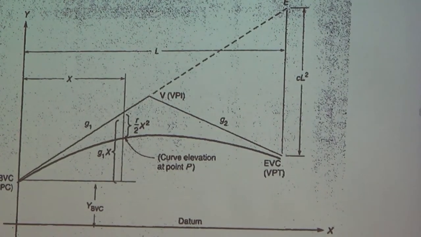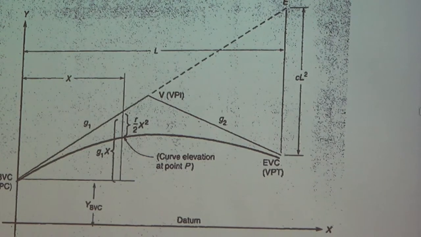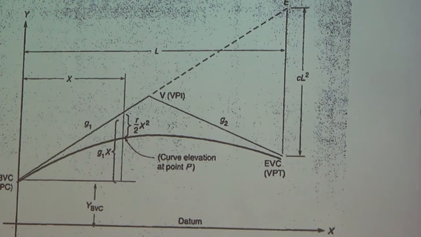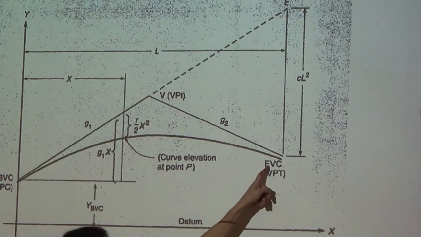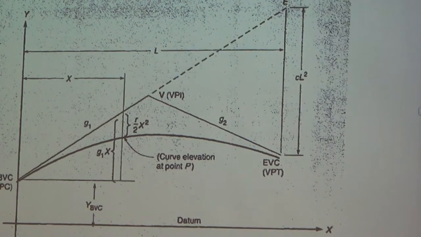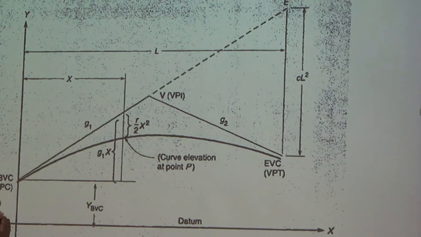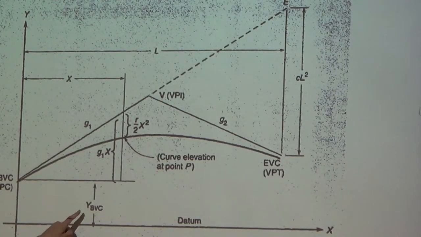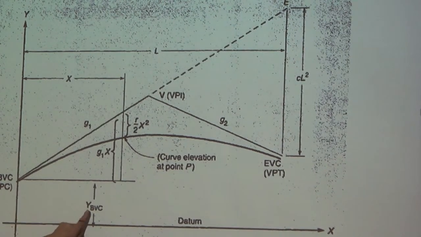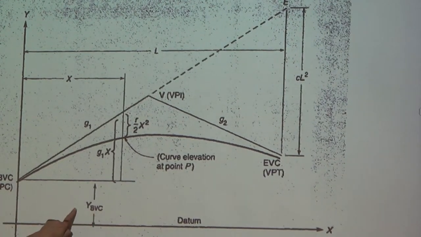Just like the horizontal curves have two different initialisms for the beginning and the end, so do vertical curves. Beginning of vertical curve, BVC or VPC. What's this? End of vertical curve, EVC, or vertical point of tangency, VPT. So the capital Y represents the elevation, because it says Y sub BVC, and it makes sense.